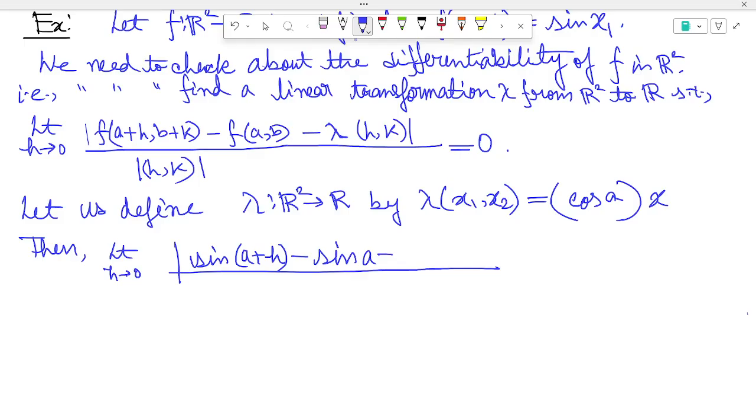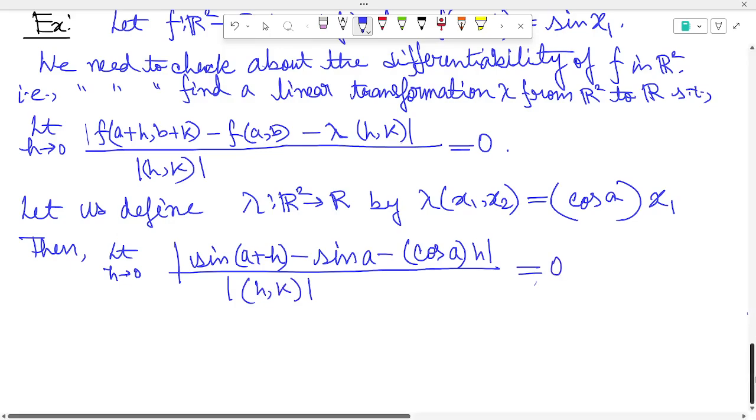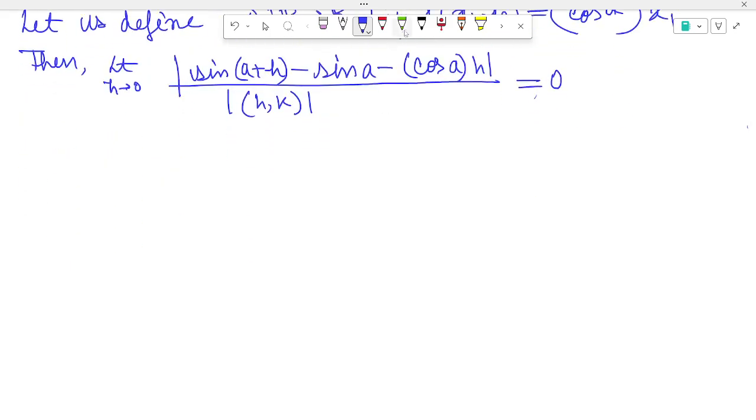So what is lambda of h comma k? It will be cos a times h. Mod of this thing, still mod of this thing. This is 0. But observe that, okay, now I am not even observing, I am making a direct conclusion.